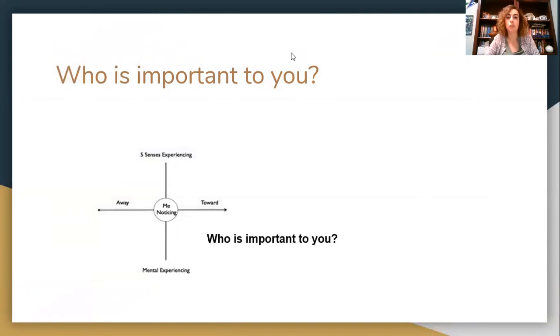Your lists are going to look very different. Some of you will have pets, some of you will have your spouse, loved ones, children. Some of you might have values of being a good advocate for your children, being good at what you do.